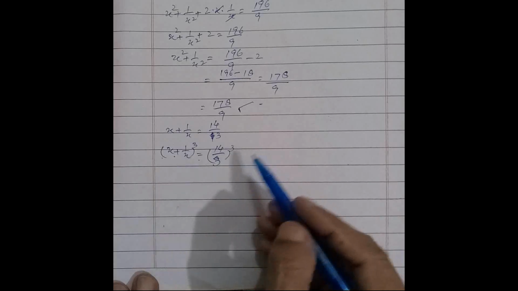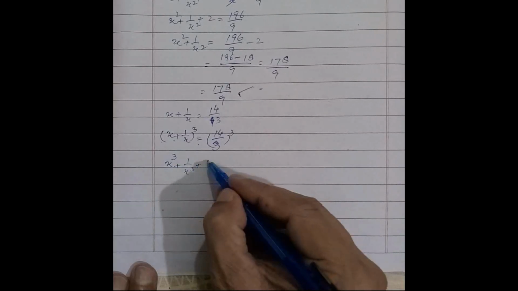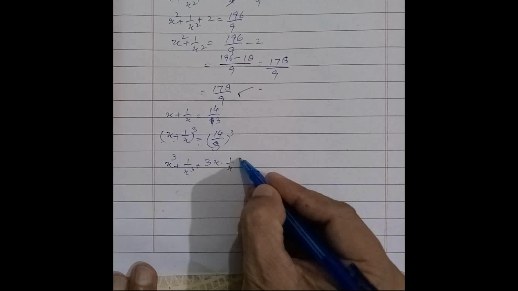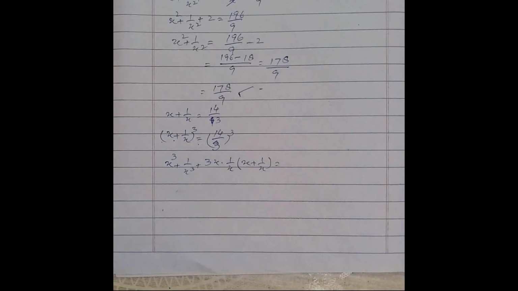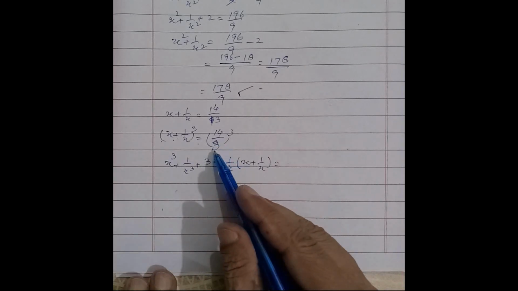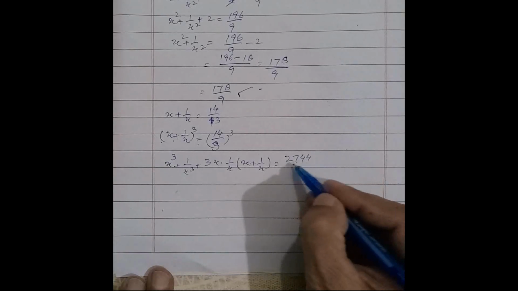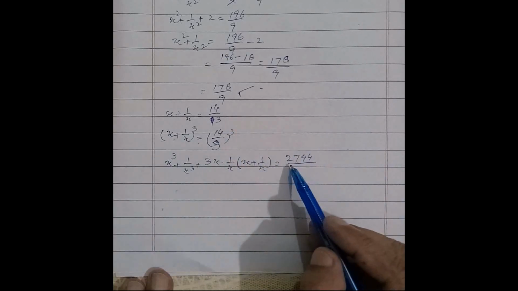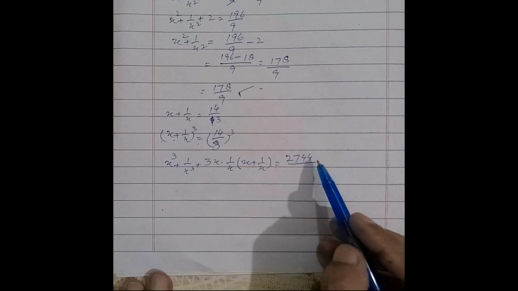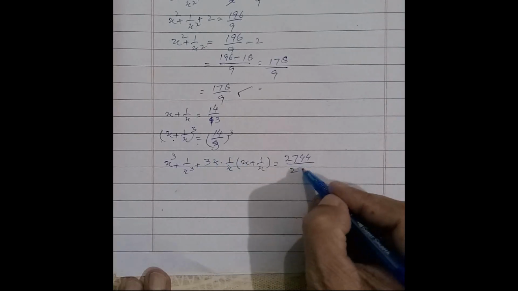Now by taking cube both sides, we get x cube plus 1 over x cube plus 3 times x into 1 over x into x plus 1 over x is equal to, we take cube of 14 and 3, which is 27 and 2744, meaning 14 multiplied by 14 multiplied by 14. The answer is 2744 over 3 cube. 3 3s are 9, 3 9s are 27.